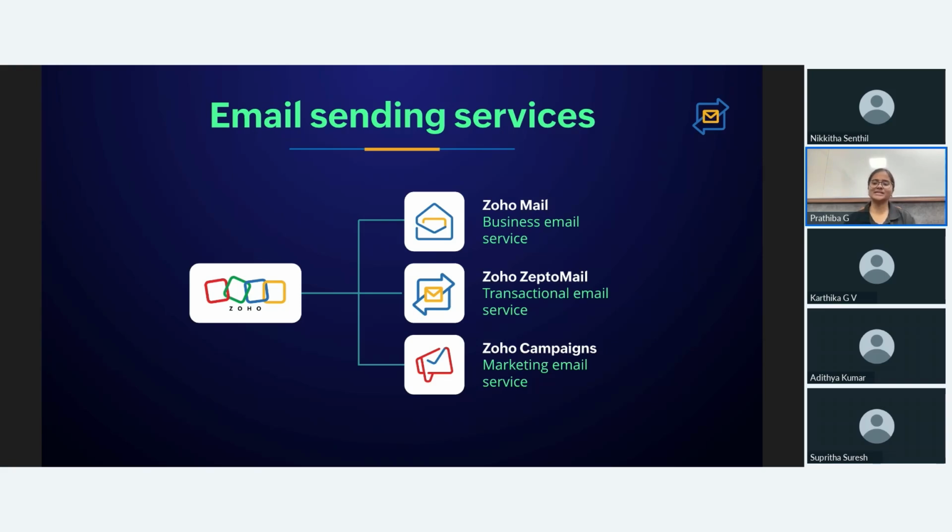The reason we build separate services is that the different types of email satisfy unique requirements, and having separate services helps us focus on each of these requirements separately and bring the best possible service for you. As you know, today's session is about the transactional email service, which is ZeptoMail. So we'll quickly get started with a brief introduction to ZeptoMail.